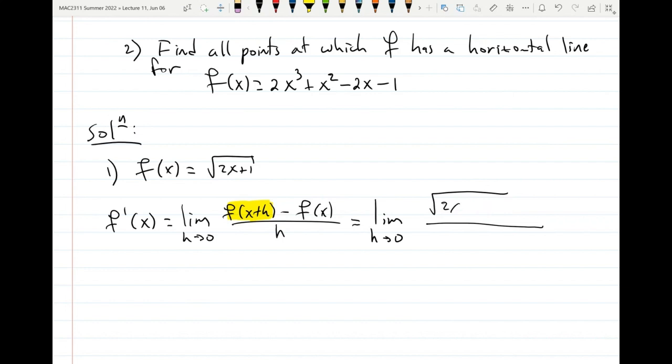So what would be the case? Square root of 2 times, I see an x, I'm supposed to write in there x plus h, and then plus 1. My advice to you is, whenever you plug in something to a function, just write the same formula that you see, and when you see the variable, just put parentheses. Finish writing the formula with parentheses, and then fill in the parentheses.